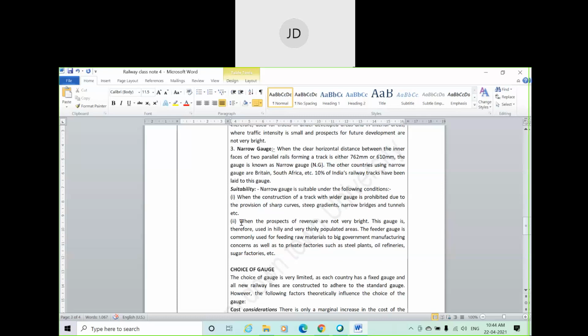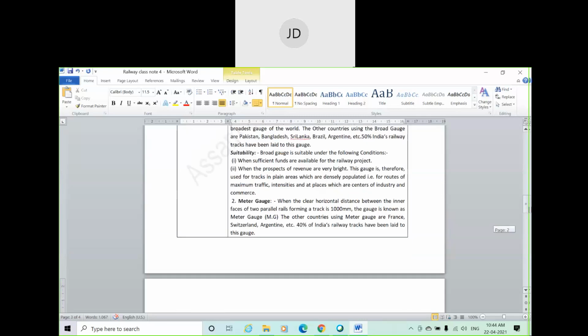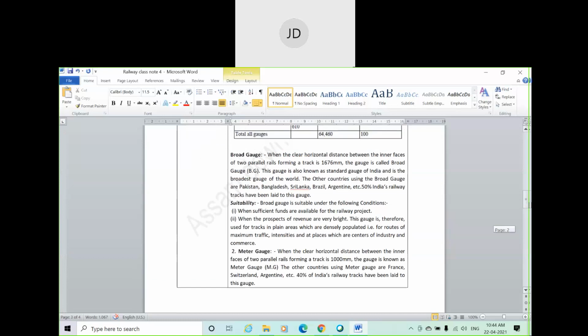So for that also they use narrow gauge. So this is all about the different types of gauge and their uses.